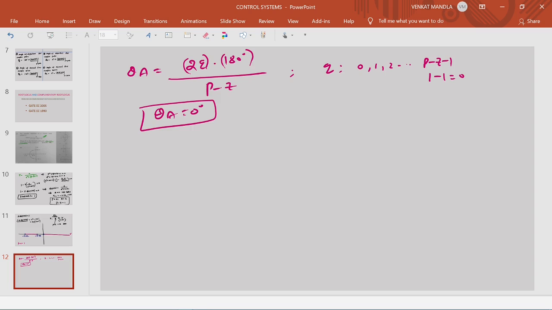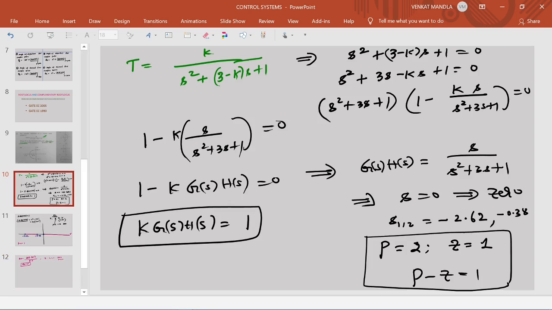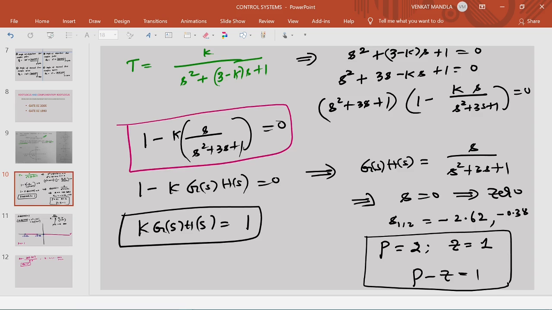Break-in and breakaway points: how do we find them? From the equation 1 minus k G S H equal to 0. What is k here? k equal to (s square plus 3s plus 1) by s, that is s plus 3 plus 1 by s.